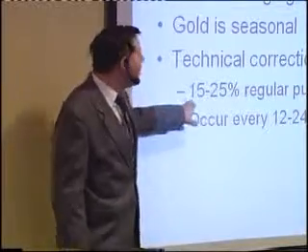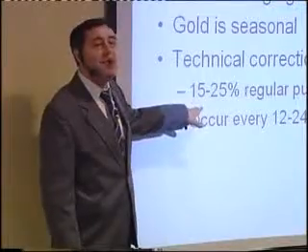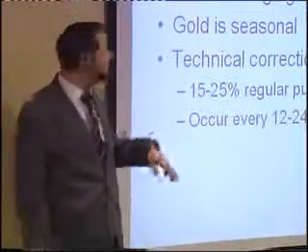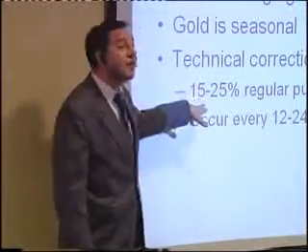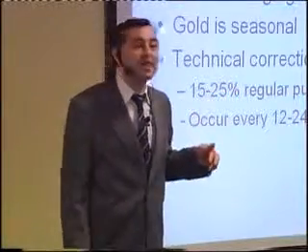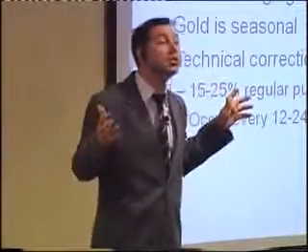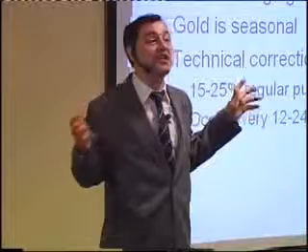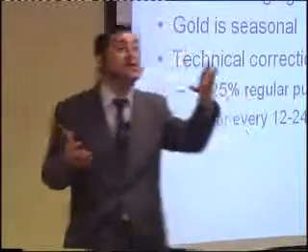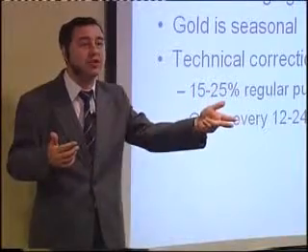Again, another very important property of the gold market is that there have been regular, more or less annual, 15 to 25% pullbacks. For a normal investor, this can cause a heart attack. Your gold falls 25% in 2 weeks. Well, it fell like 10% last week, 2 weeks ago, right?